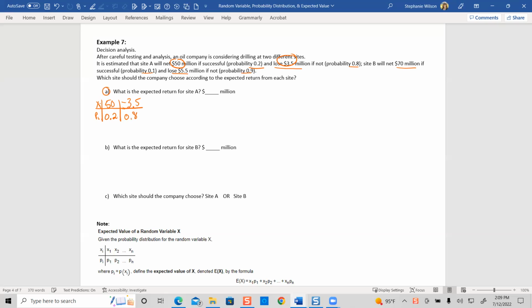So this is talking about site A. All right, so now I can put in my expected value formula. Okay, and I'll type this in my calculator. Now we calculate this, and I get $7.2 million.